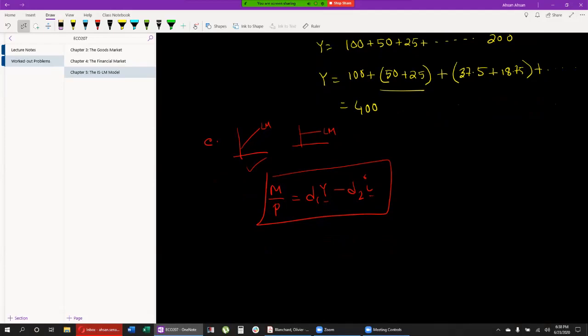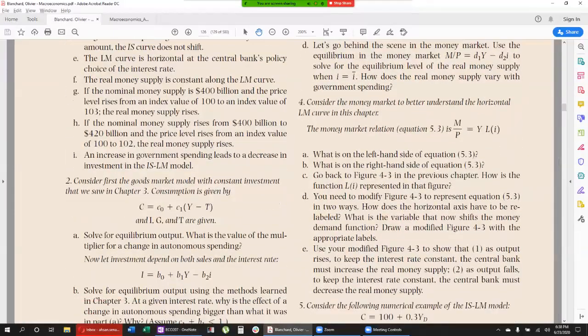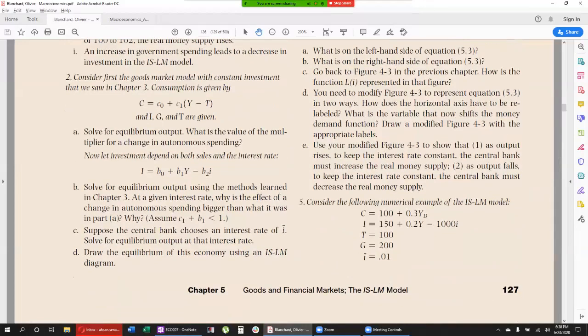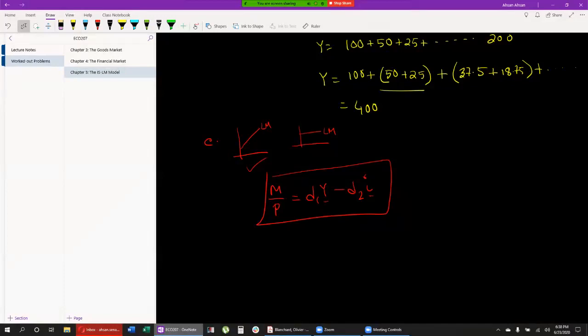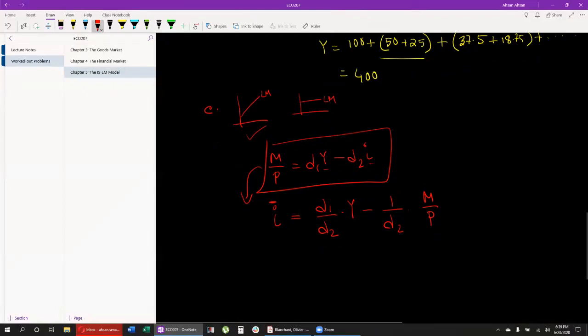So we're just going to use this for now. And what we are told in question number 2 is that the government has set an interest rate of I. So what can we do from here? From this equation, let us find the value of I, which is D1 by D2 times Y minus 1 by D2 times M by P. And this is the I that the government has decided to set.